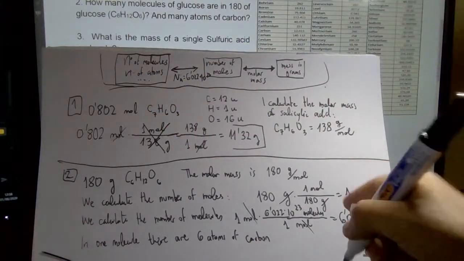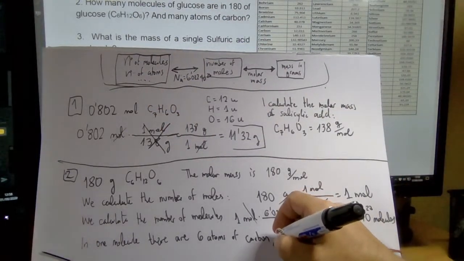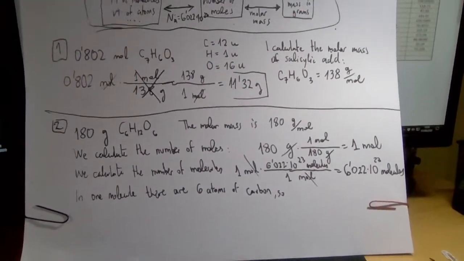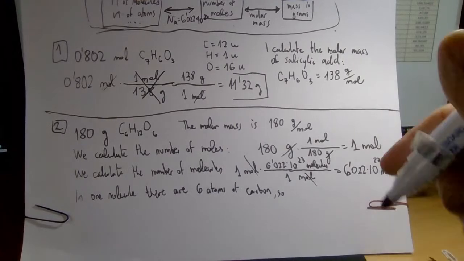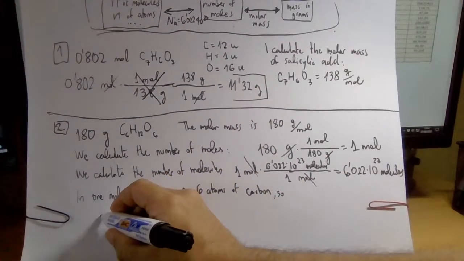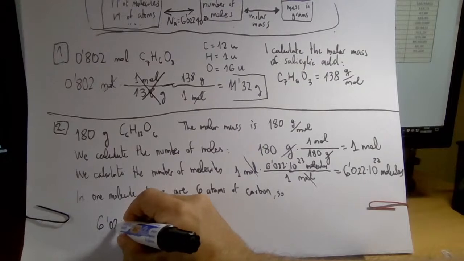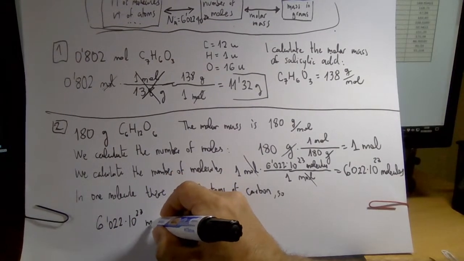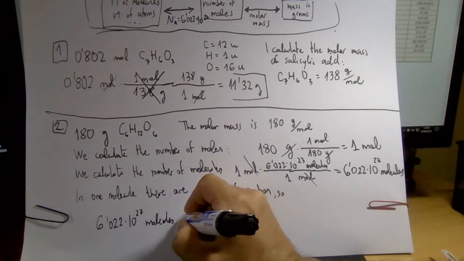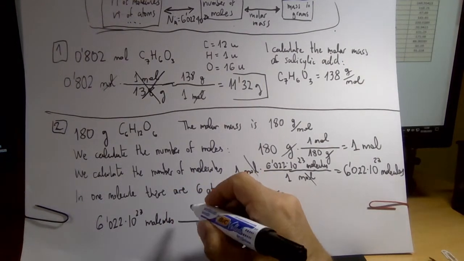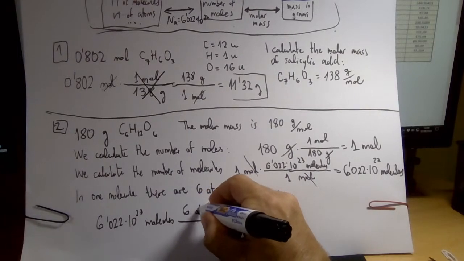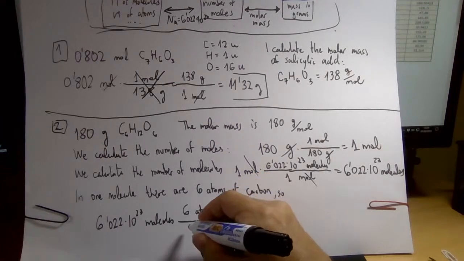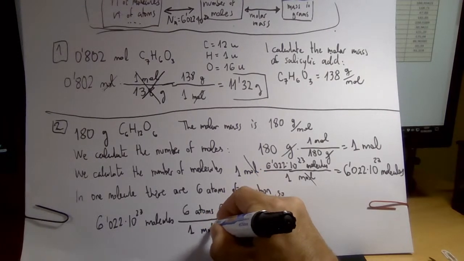So the number of atoms of carbon in this number of molecules, 6.022 times 10 to the 23 molecules. There are 6 atoms of carbon for 1 molecule.